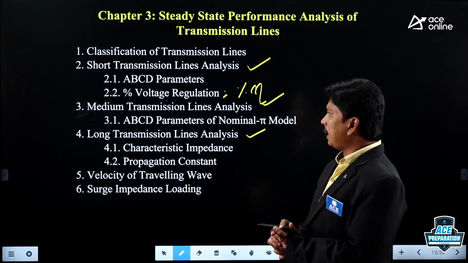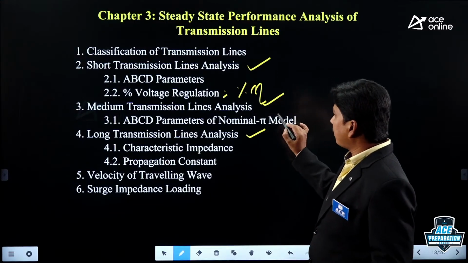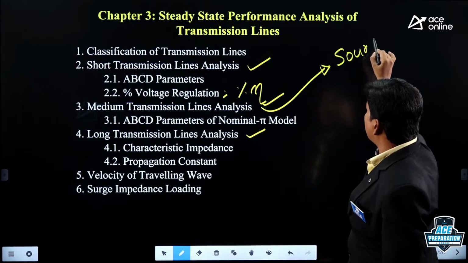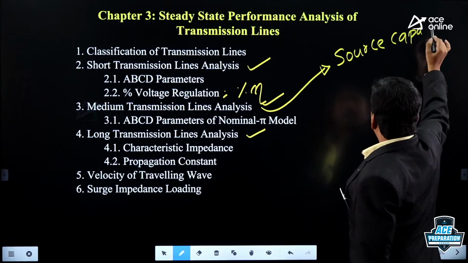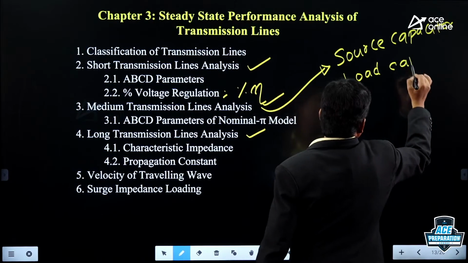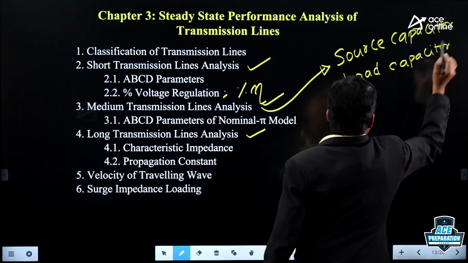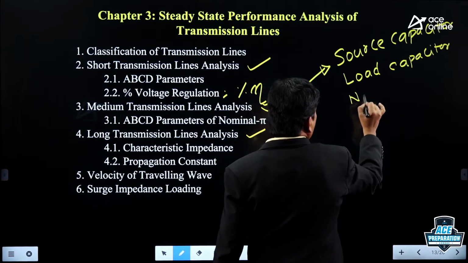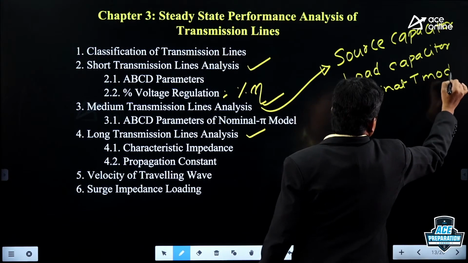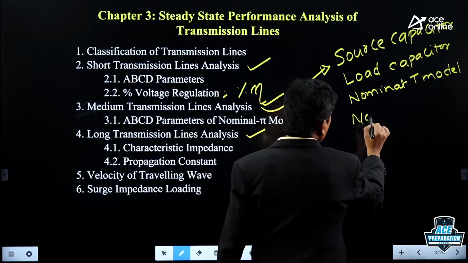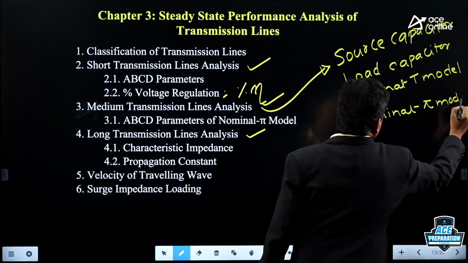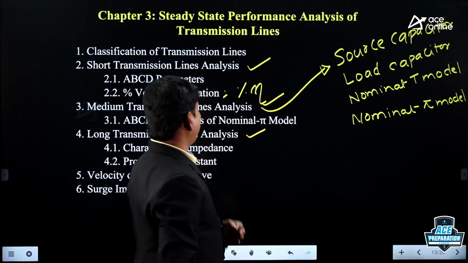In the case of medium transmission lines, we will see the source capacitor model, the load capacitor model, the middle capacitor model or nominal T model, and along with that the nominal pi model. These are the different models we have in medium transmission lines.